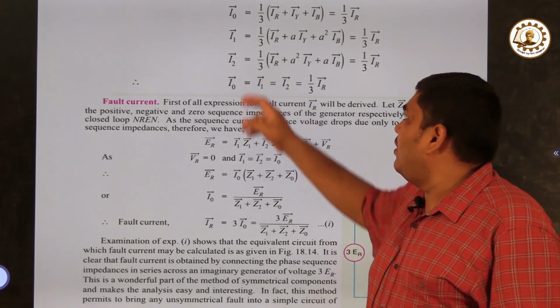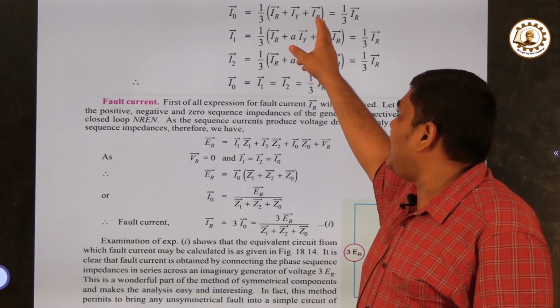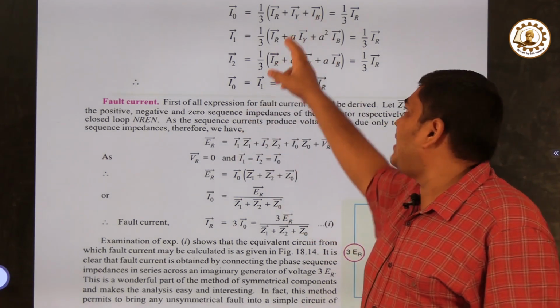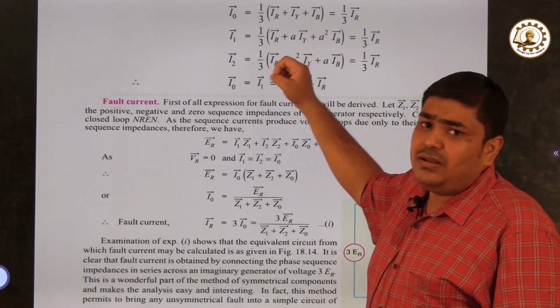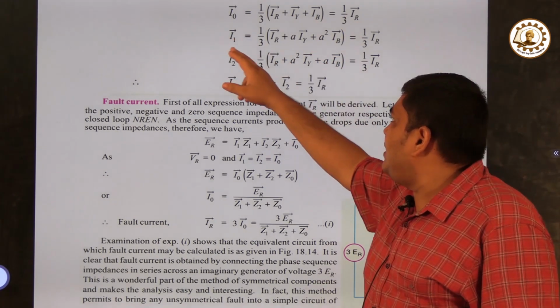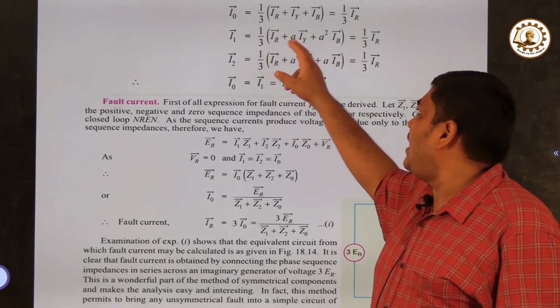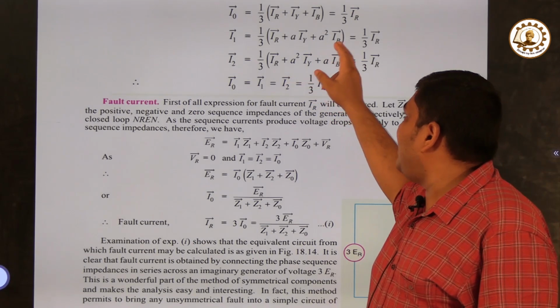Now the value of I0 is 1/3 of (IR plus IY plus IB). Here in this case IY and IB are zero. That's why I0 is 1/3 of IR. The value of I1, this is the formula, is 1/3 of (IR plus alpha IY plus alpha square IB).